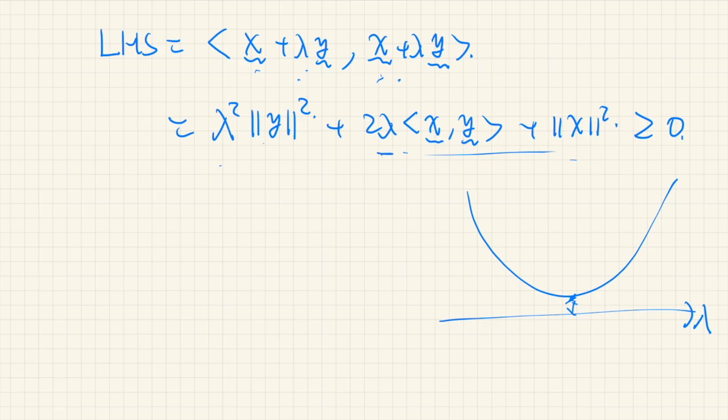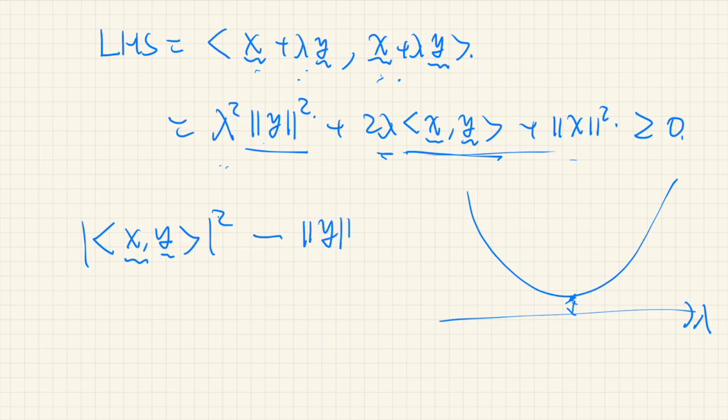Okay, so that means this one squared, the scalar product of x and y squared, minus this one times this one, the norm of x squared times the norm of y squared, should be non-positive. The discriminant should be non-positive.